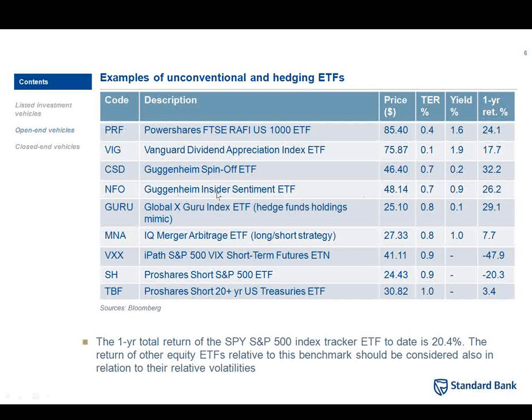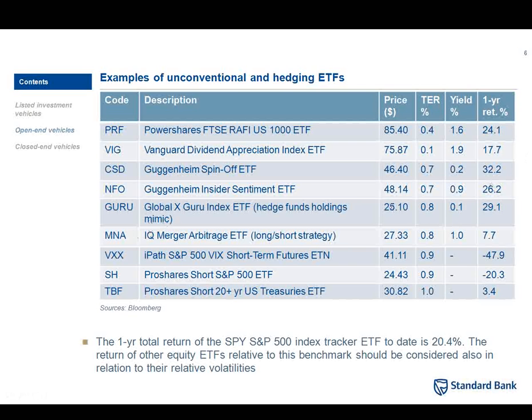Another interesting one is the Guggenheim Insider Sentiment ETF. So this one chooses shares based on insiders like directors buying when they buy a lot of the shares in the company itself. Also done pretty well over the last year.